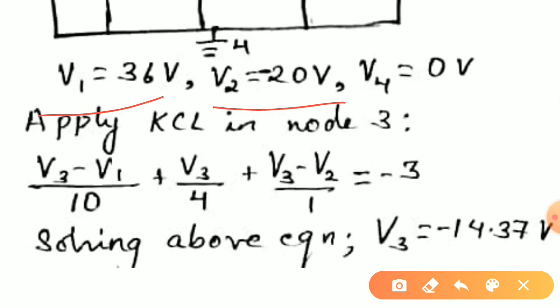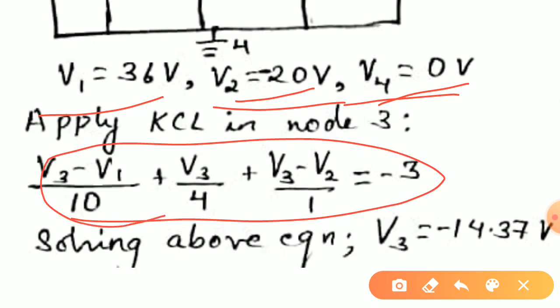We have V1, V2 and V4 already given in the question. We had V1 as 36 volt, V2 as minus 20 and V4 as 0 volt. And on resolving this equation, we get V3 as minus 14.37 volt.